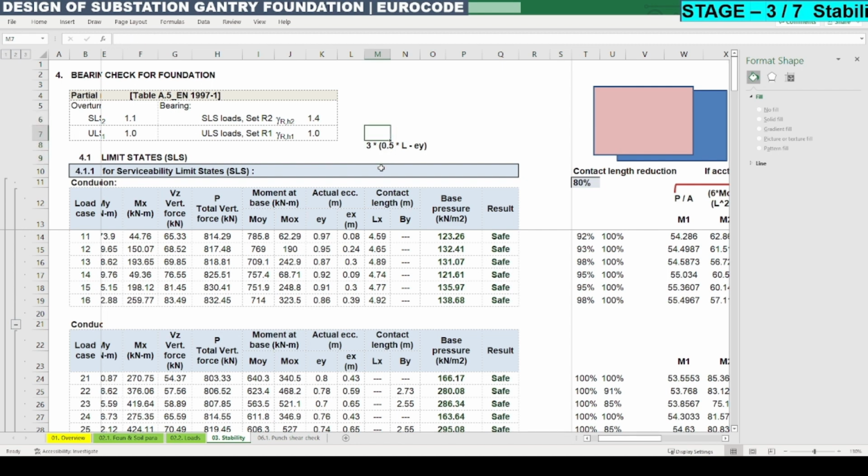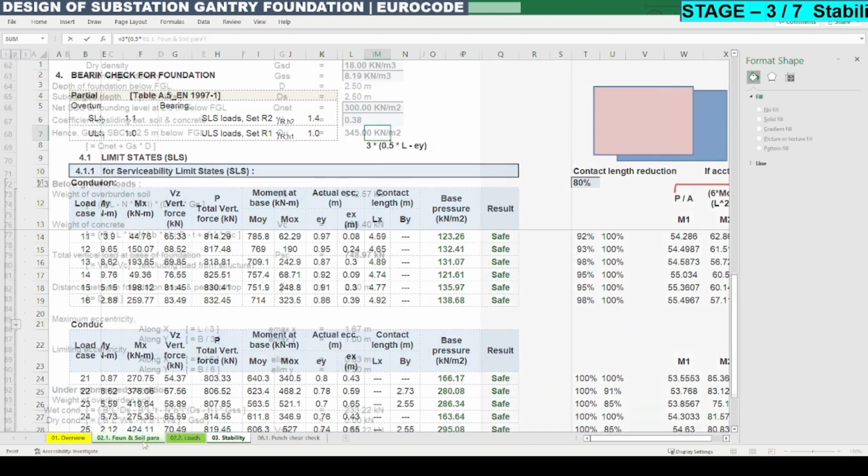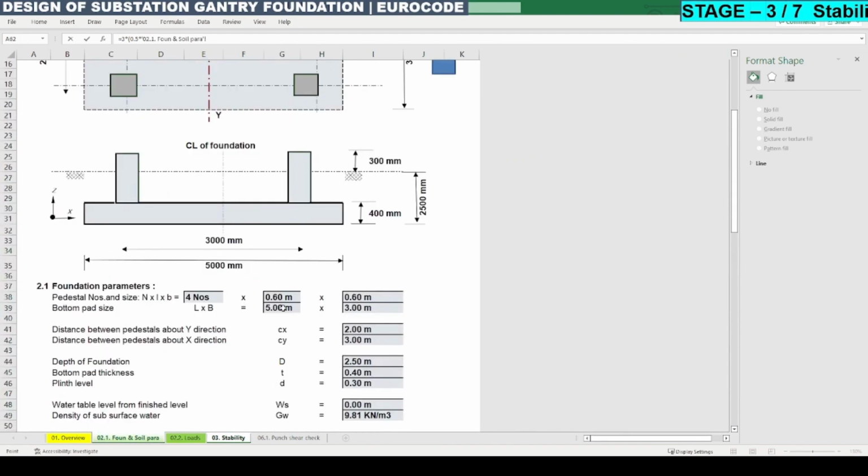For example, we can arrive here. So 3 into 0.5 into, we know that our length is 5 meter. We already assumed that length. So you can see here this is the length we had assumed already.